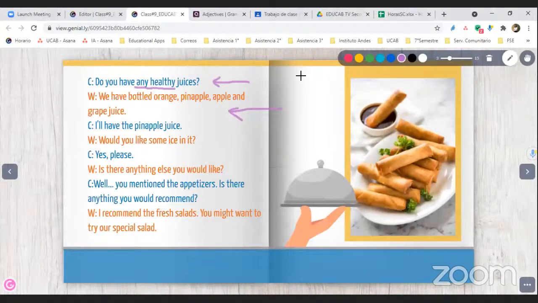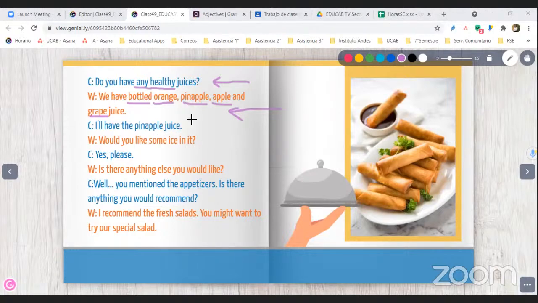Because the waiter is telling the customer what kind of juice they have available. Bottled and every fruit should be the kind. Okay. Yes, thank you, Luisana. Bottled and the fruit, like orange, pineapple, apple, and grape, because they are describing what kind of juice they have, okay? Thank you very much.